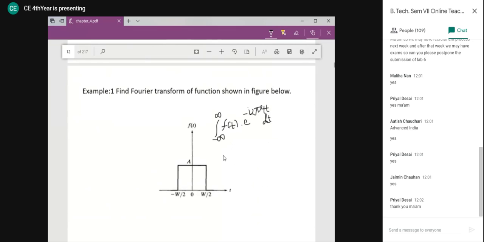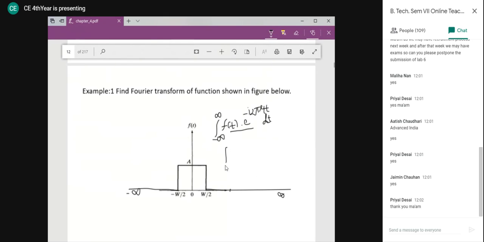But I will substitute f of t here. What is f of t? From minus infinity, my f of t is 0 till minus w by 2, and from plus w by 2 onwards till infinity, it is 0. Even if I'm integrating from minus infinity to plus infinity, the function values are 0 outside that range and get multiplied with the exponential.